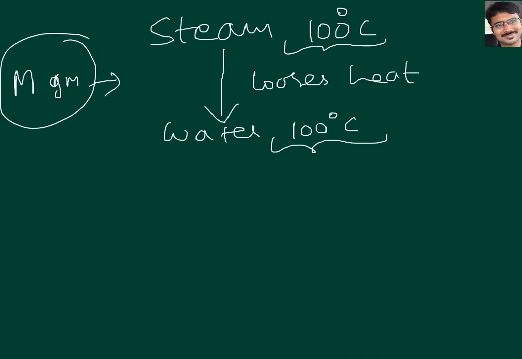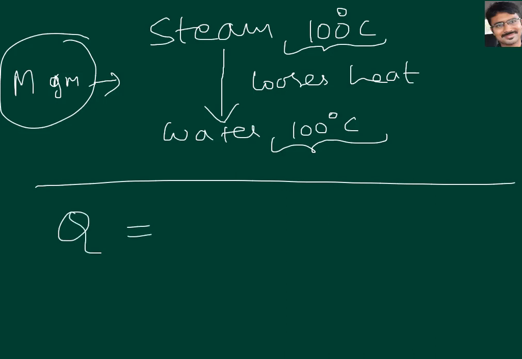So for m grams of steam converting into water at 100, what is the heat lost? Here, steam to water is a change of state, so you have to use the formula mL.